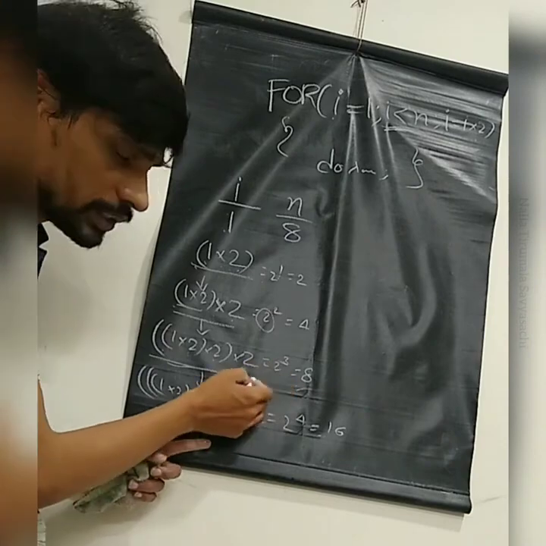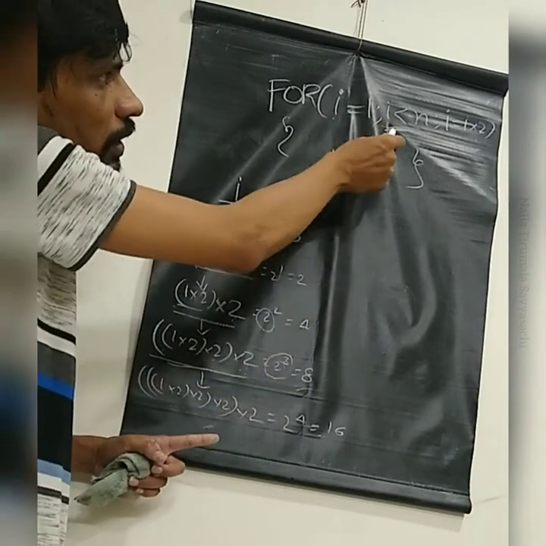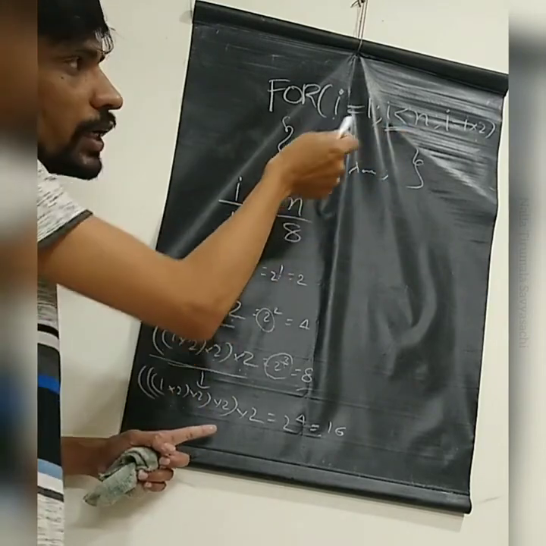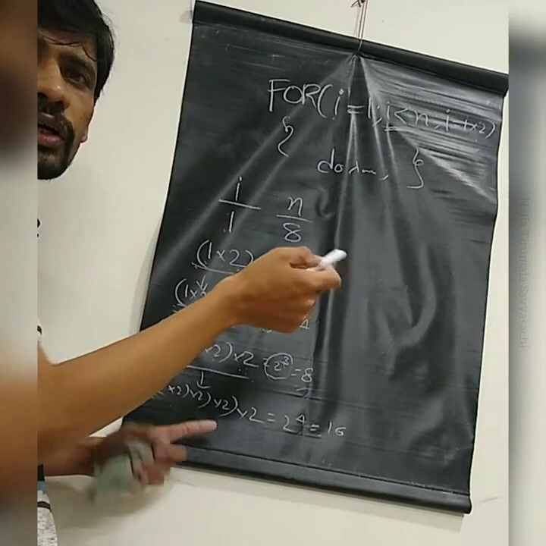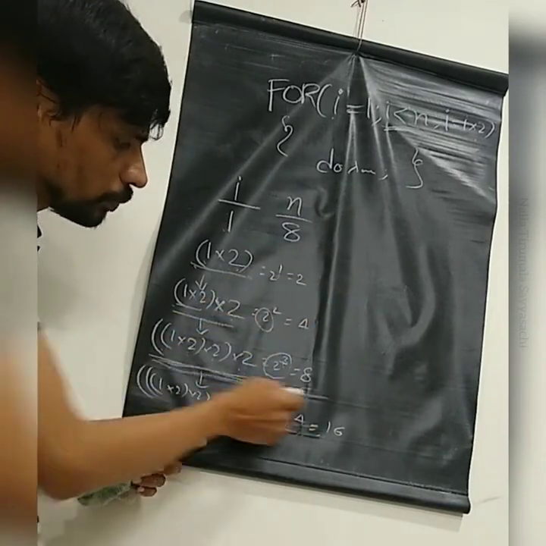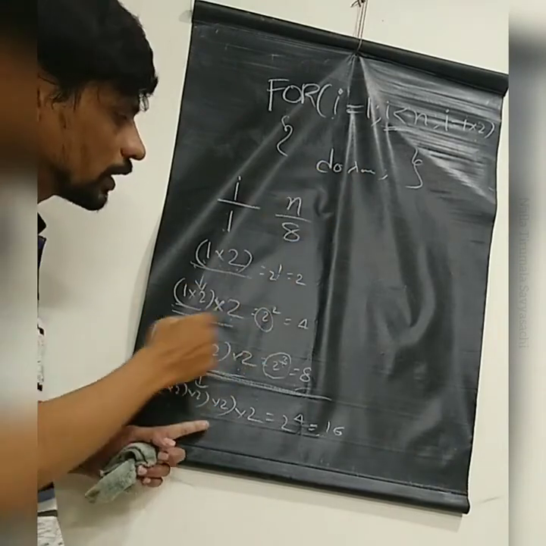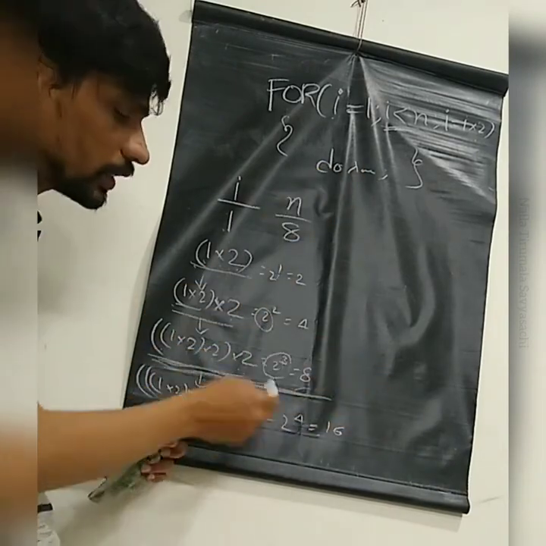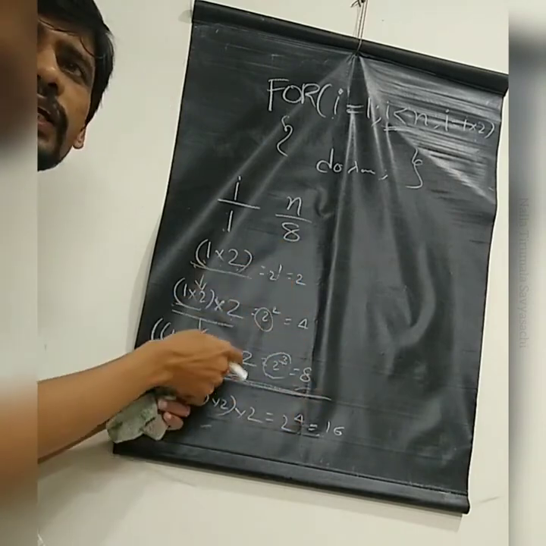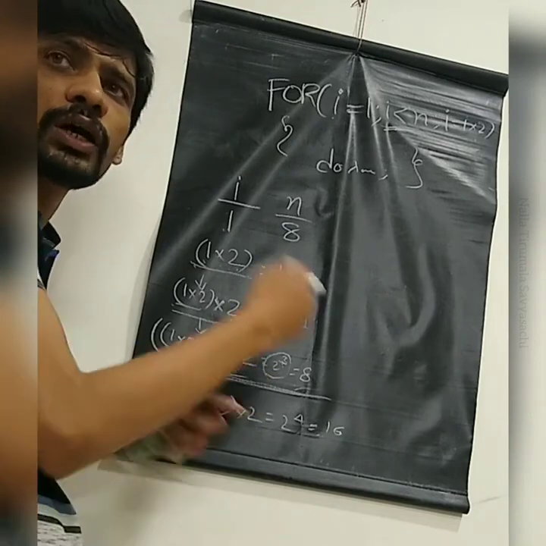In this case 3 is the point: 2 power 3 is 8, and 8 is less than 8? Wrong. So when the for loop comes to this point, the condition fails and it will break. Because my n is 8, I know up to which point it will loop.